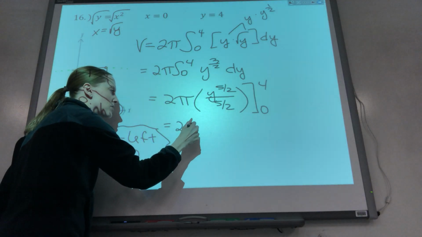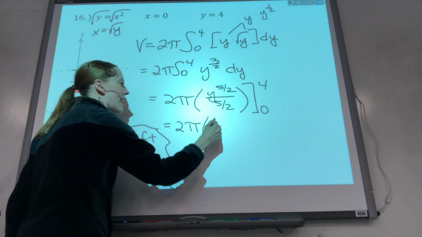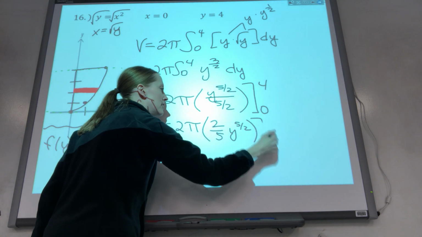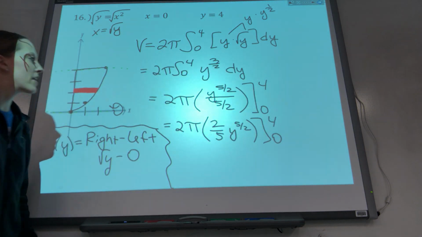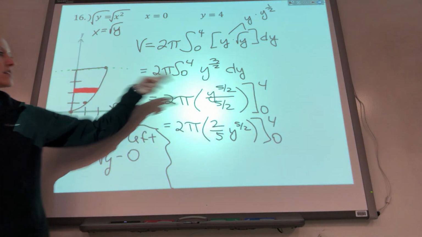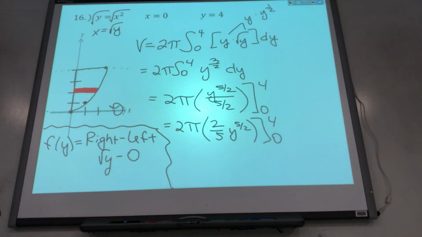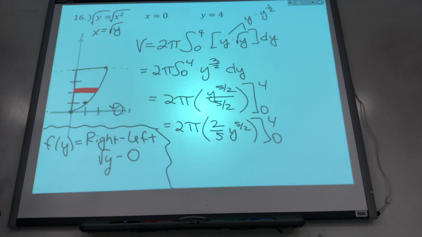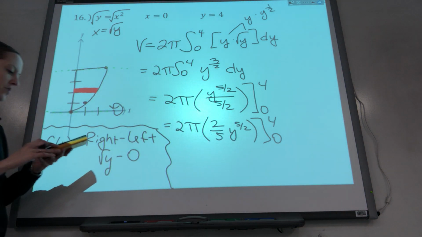So I'm just going to keep the 2 pi out front while I make this part look a little bit better. I just turned that into 2/5 y to the 5 halves power. Plugging in the 4, 4 to the 5 halves is 32.